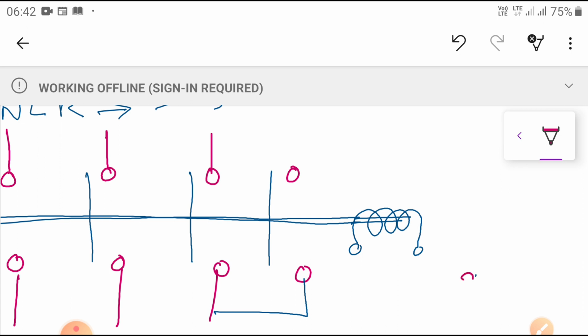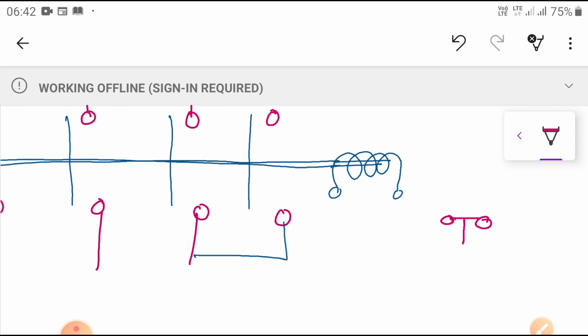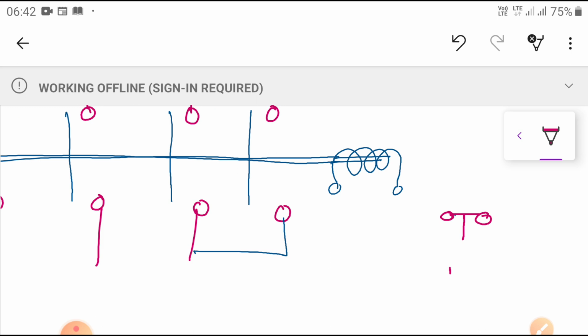So these are the two terminals. This is the normally closed, that is an NC coil. We can say NC, normally closed. And here is another, normally open. That is the NO, normally open.